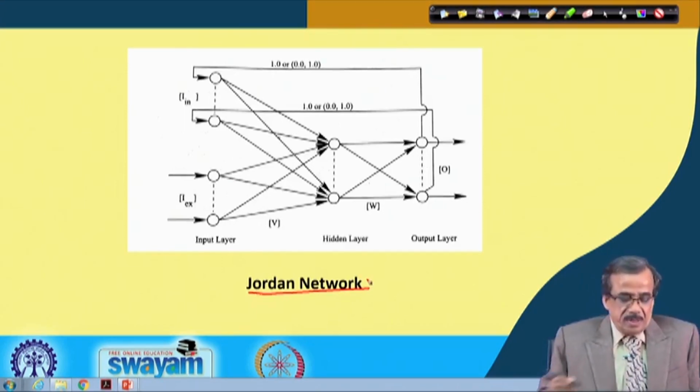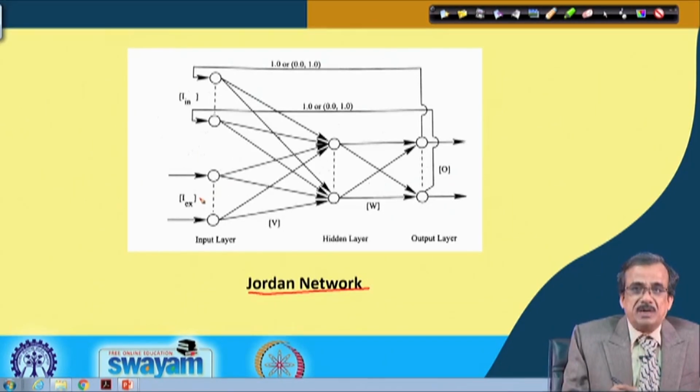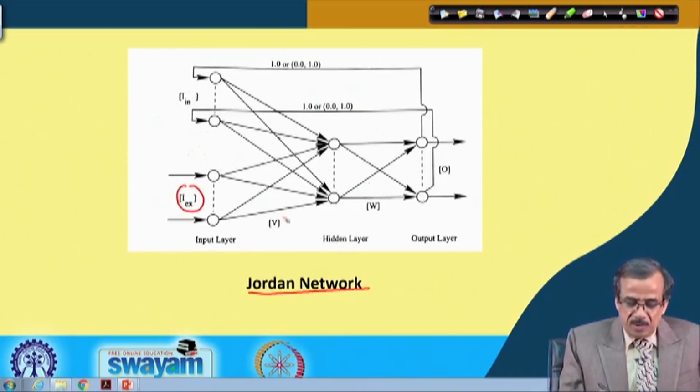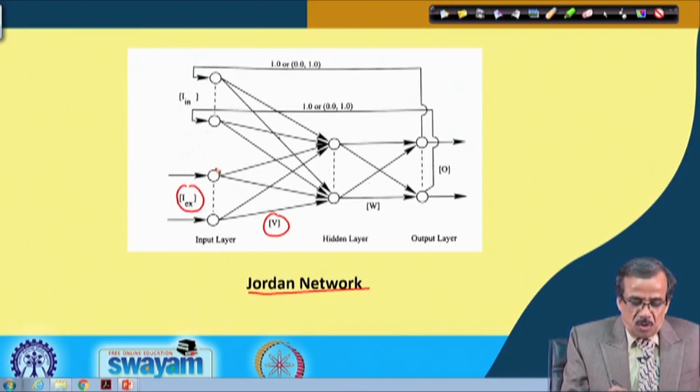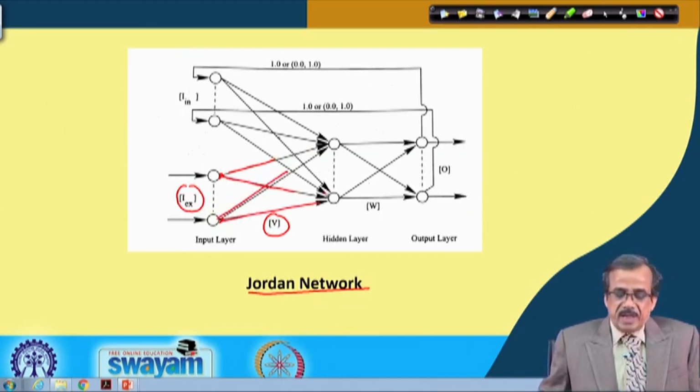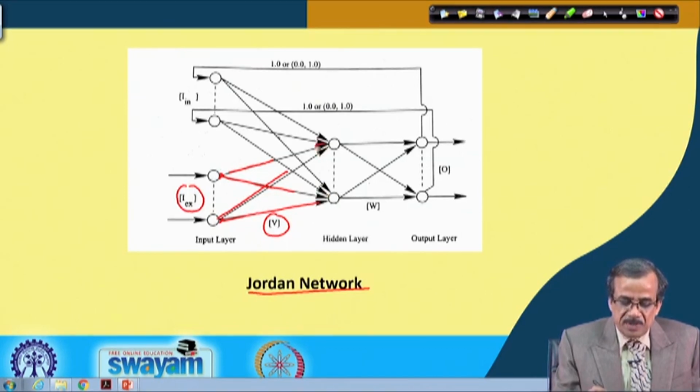Now, once again let me start. I am passing one set of external inputs, denoted by I_Ex, and here we have the connecting weights. Whatever output we are getting here and here will be multiplied by these connecting weights V, and those things will be summed up here.